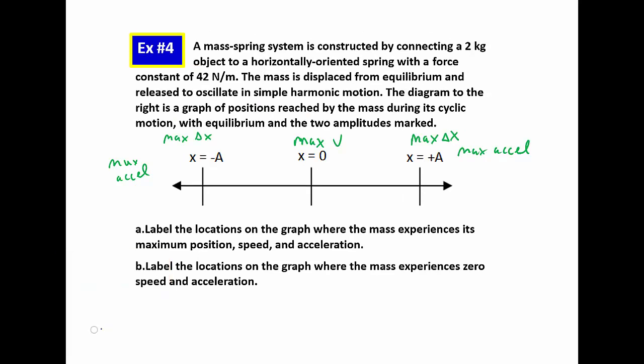And then for our zero quantities, it came to a stop before it turned around at the end. So we had 0 velocity at those 2 points. And then at the middle, when there was no spring force anymore, there was 0 acceleration at that instant in time.